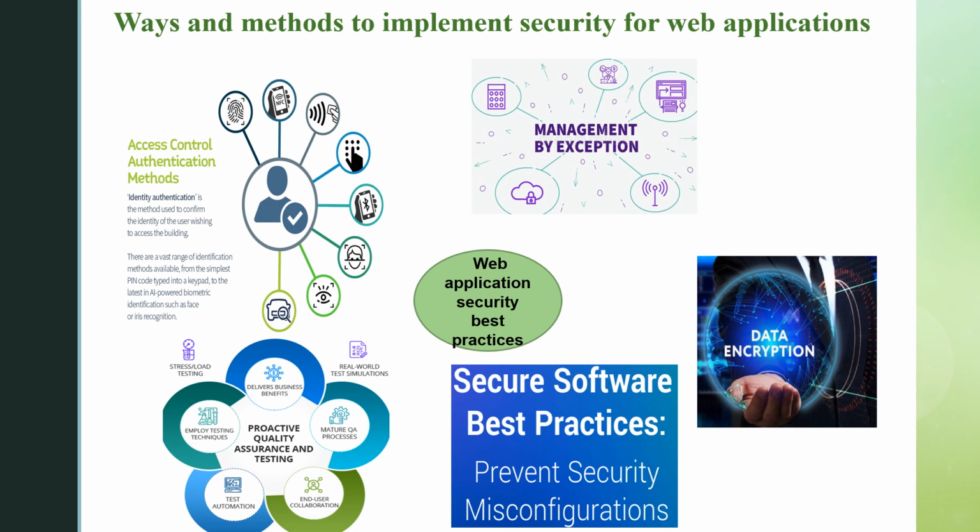Now we look at ways and methods to implement security for web applications. Web application security best practices include access control, authentication, management by exception, data encryption, preventing security misconfiguration, and proactive quality assurance and testing.